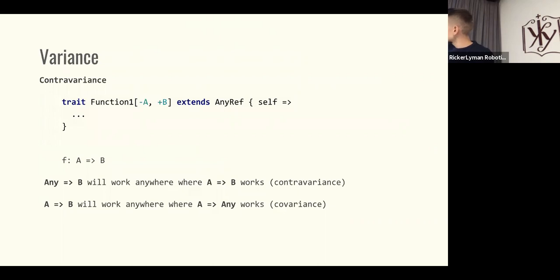In the case of covariance, it's the other way around. If D is a subtype of Any, we can use it anywhere where Any works. But with contravariance, it's vice versa, and it makes sense basically.